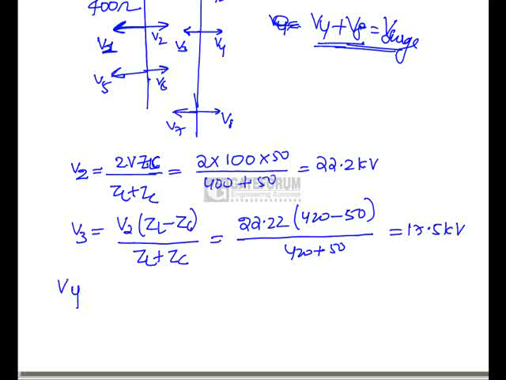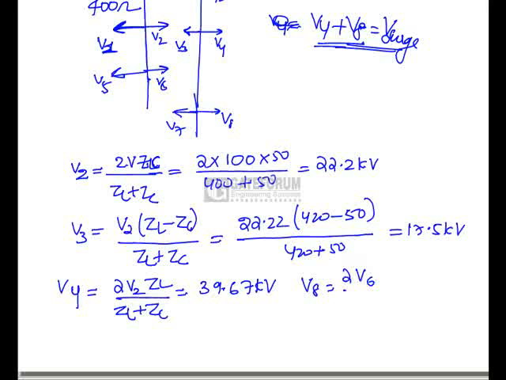Similarly, V4 is equal to 2V2 ZL divided by ZL plus ZC. When you substitute this, you will get 39.67 kilovolts.